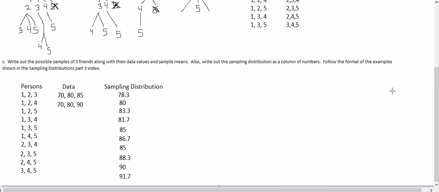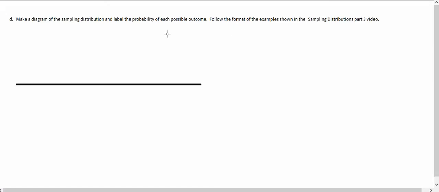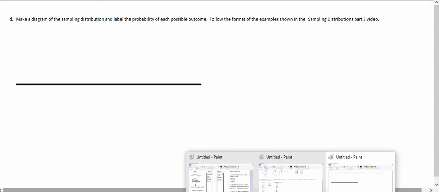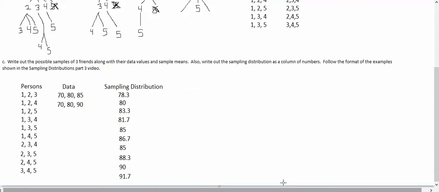So now we move on to part D. Part D says to make a diagram of the sampling distribution and label the probability of each possible outcome. So let's look back to part C, which I just finished. We need to take these 10 numbers and plot them in a diagram.